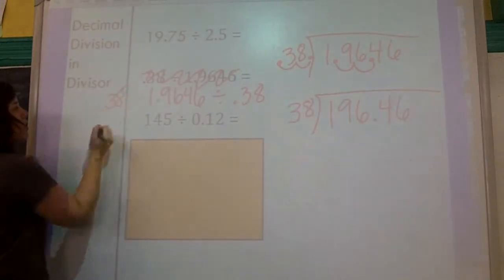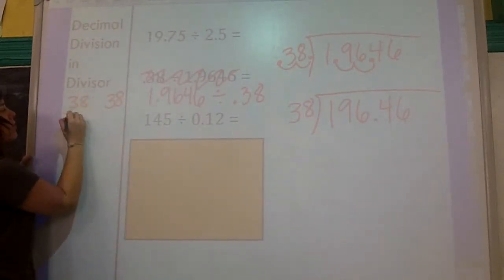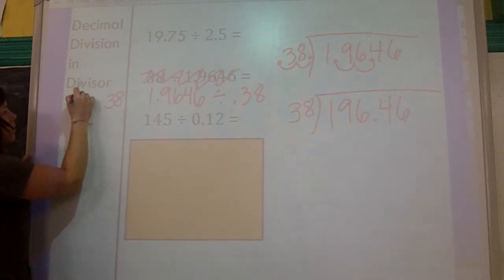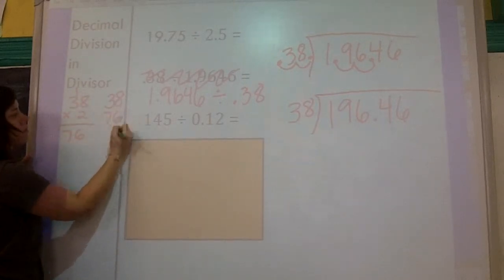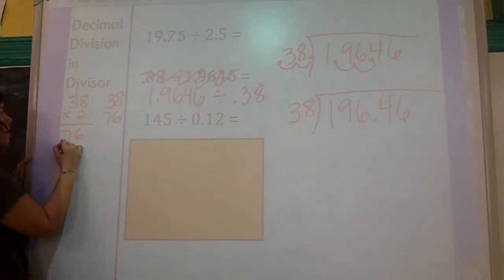38 times 1 is 38. I don't know what 38 times 2 is, so I need to do that over here. 76. Sorry, this is so annoying. Not hard, just annoying.